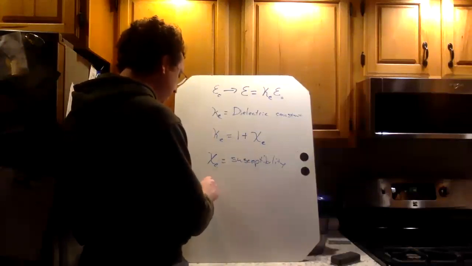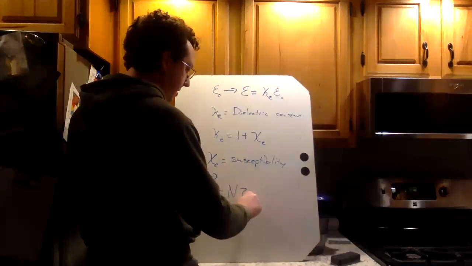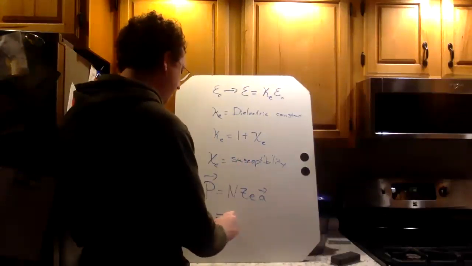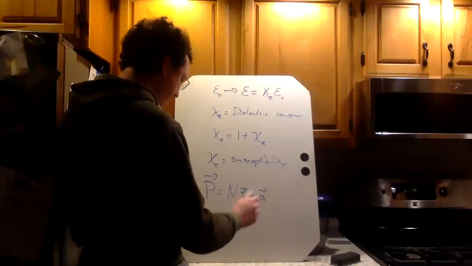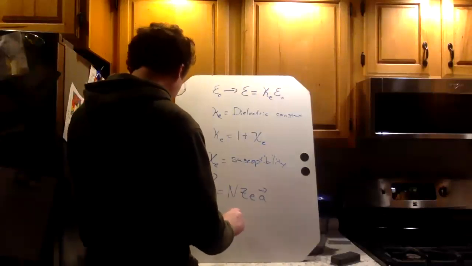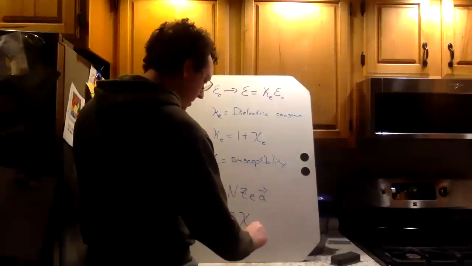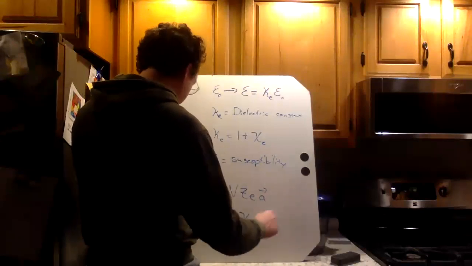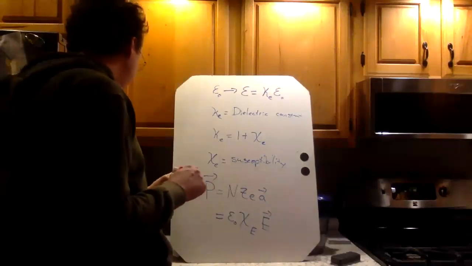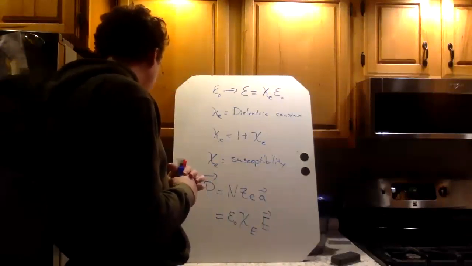The polarization vector, capital P, which remember we said was N times Z times E times A, is related to the electric field you have in the presence of the dielectric material by the following formula: epsilon naught times chi times E, the electric field in the capacitor.